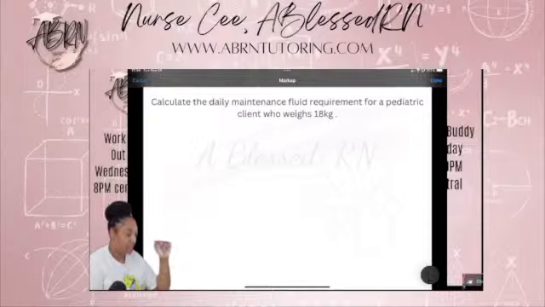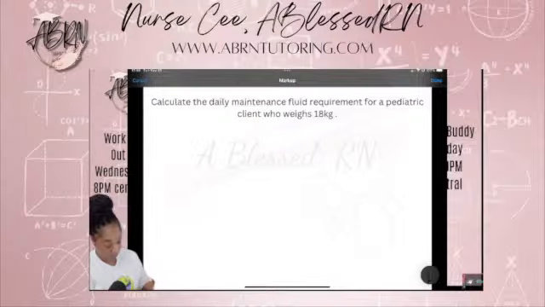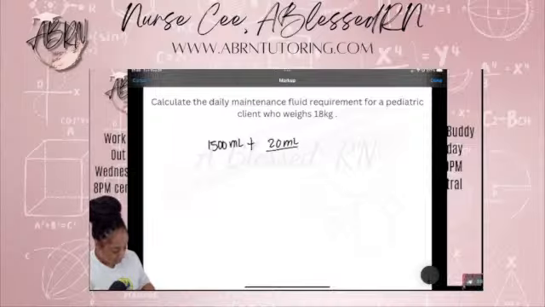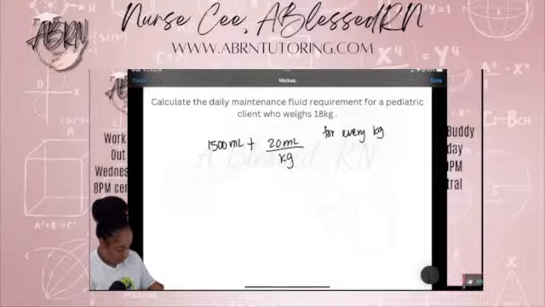And that's for every kilogram that is over the 10. And so this one, they get 1,500 mLs plus 20 milliliters per kilogram for every kilogram that is greater than 20.